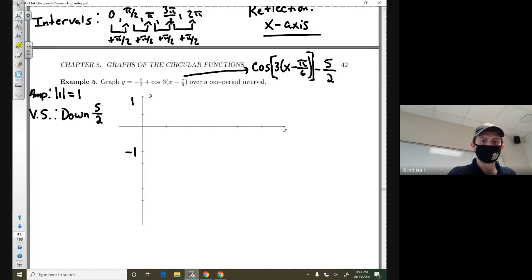So if we take 1 here and we shift it down 5/2, well, what is 1 minus 5 divided by 2? It's -3/2, which is all the way down here.